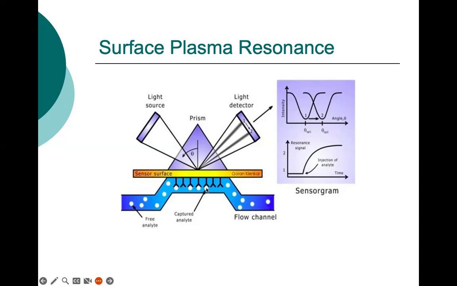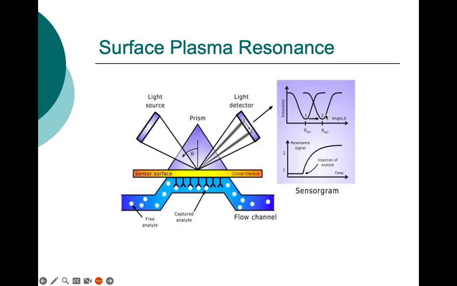And if there is analyte of interest being captured by the antibody, there is a shift. This will be accepted as a signal change. So what is being measured is the angle of shift before and after the reaction.